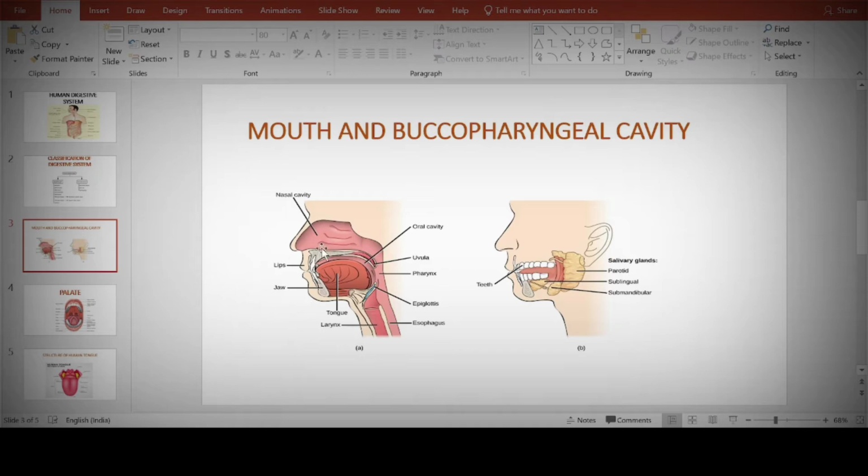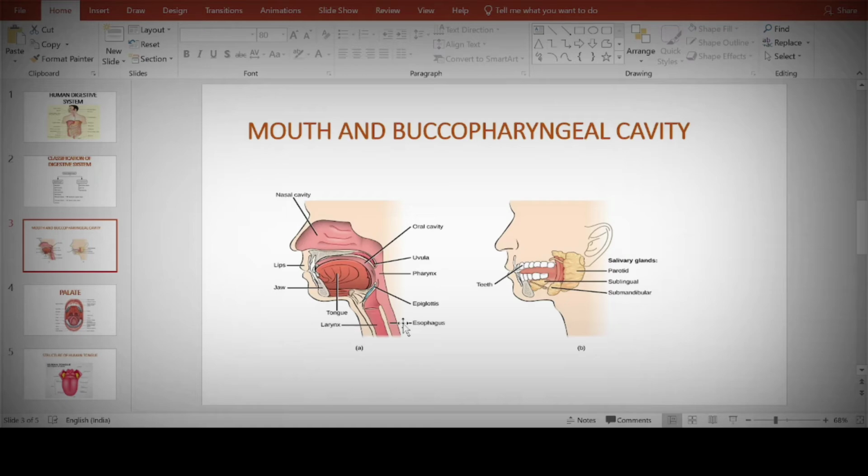On moving further, the mouth opens into the buccopharyngeal cavity, and the cavity is further divided into two zones. The main one is the buccal vestibule, as we are seeing right now, and in the second slide we will see the oral cavity.